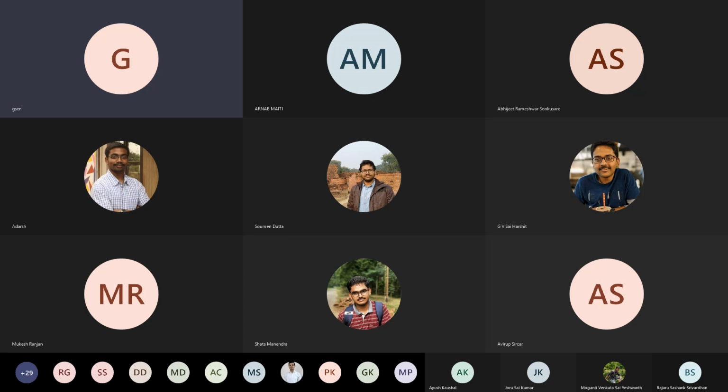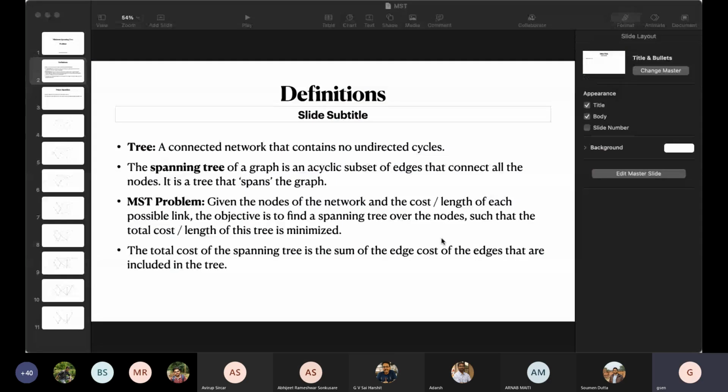It's taking some time because of my network connection. It is coming. Wait. Yes, now it is visible. Okay. So, yes. Is it visible yet?